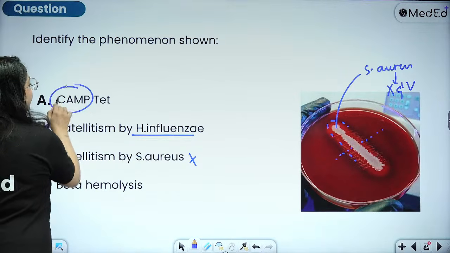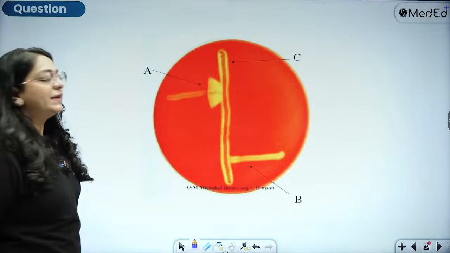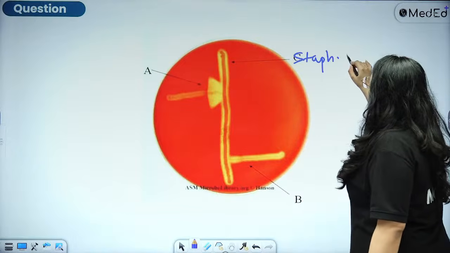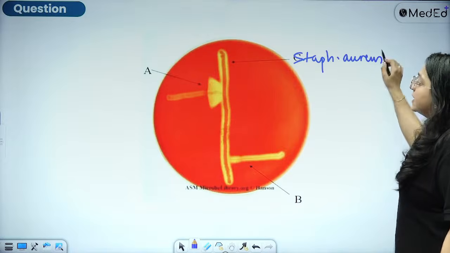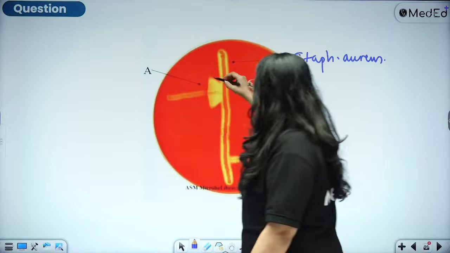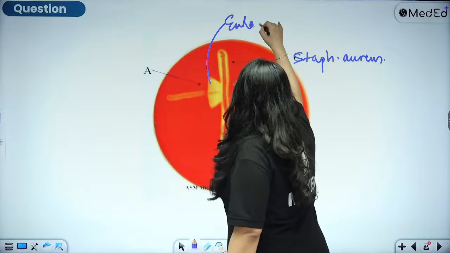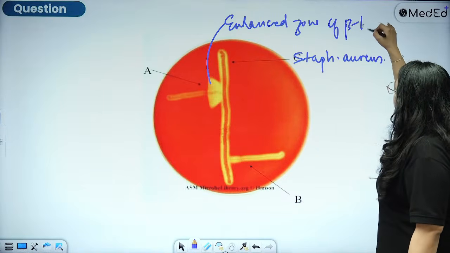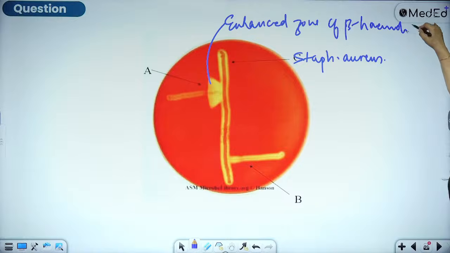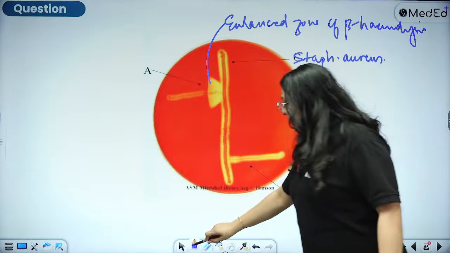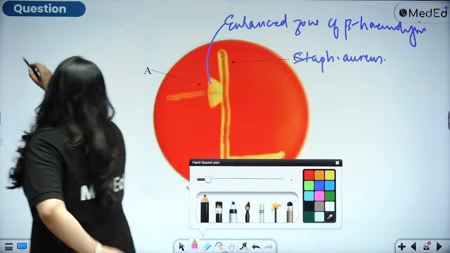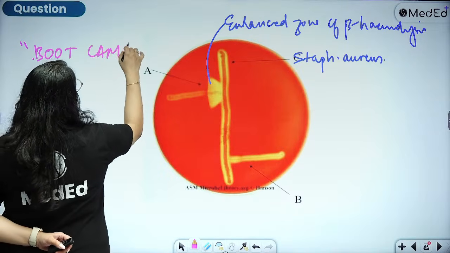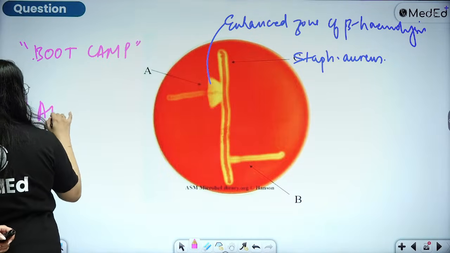Then what is the CAMP test? This is the CAMP test. In between, if you put a streak of Staph aureus, then the zone of beta hemolysis gets enhanced. Why the enhanced zone of beta hemolysis? It is only shown by which? So how to remember? What is the mnemonic? The mnemonic is boot camp and ABs.